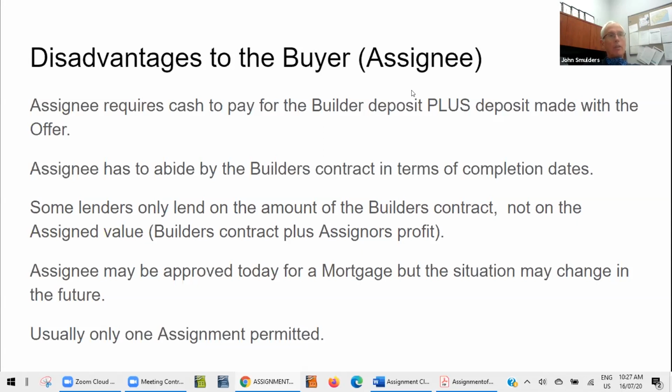In other words, when the buyer gets the keys to the unit. But I have seen it the opposite way, where the profit has been paid when the builder's consent has been given. So it can be either or, but most of the time it's when it has been completed. Completion means closing, not occupancy.